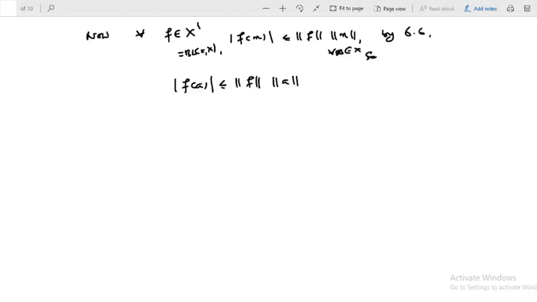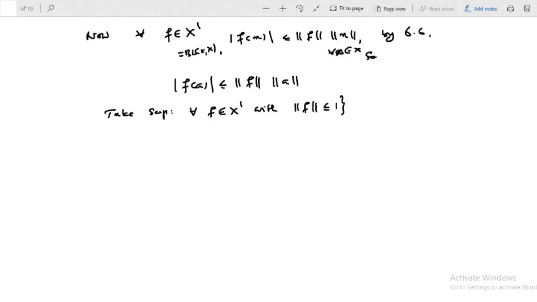Then take the supremum for every f belongs to X dash with norm f less than or equal to 1.